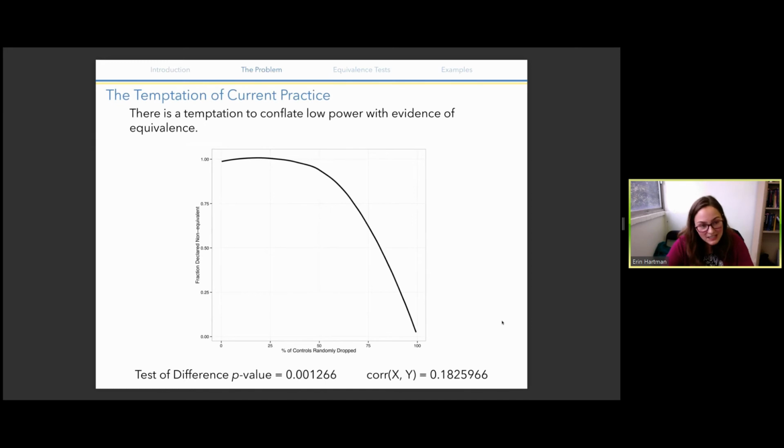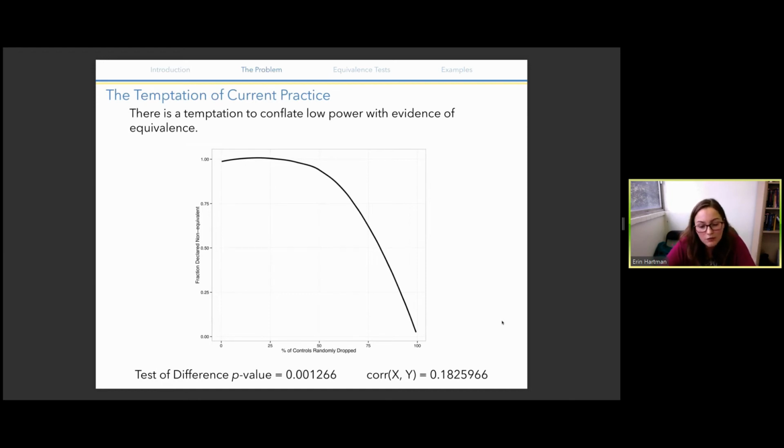And so when I say there's a temptation, of course, we know that it would be incorrect to interpret a large p-value as evidence of equivalence or a lack of a difference in means if we're doing a difference in means test. But there is a temptation, right? So there's a good example that came out of Kosuke and Mai and some co-authors, showing that here we're declaring something non-equivalent.